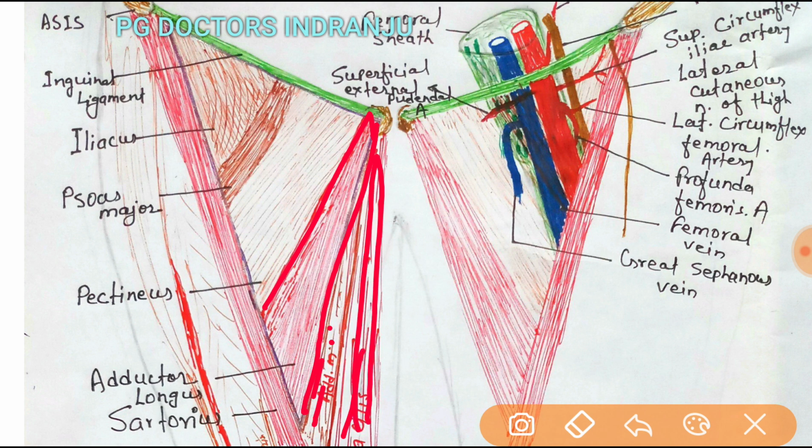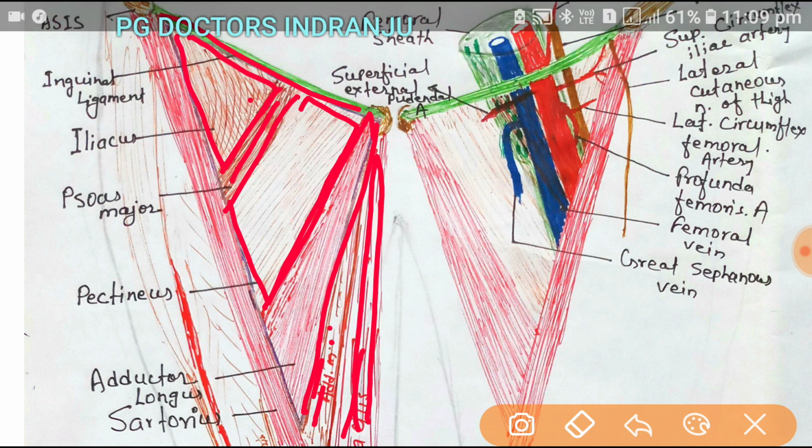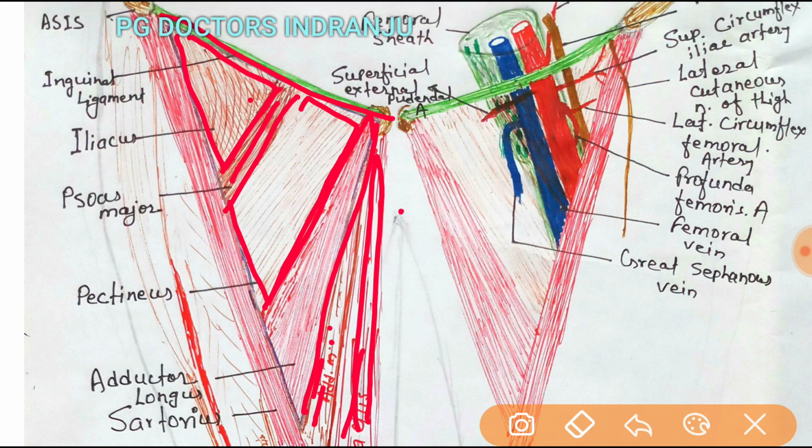After that, this region of muscle is called the pectineus, and after the pectineus, this is the psoas major. After that, this is the iliacus. Above that is the inguinal ligament, and lateral to that, this is the sartorius muscle.